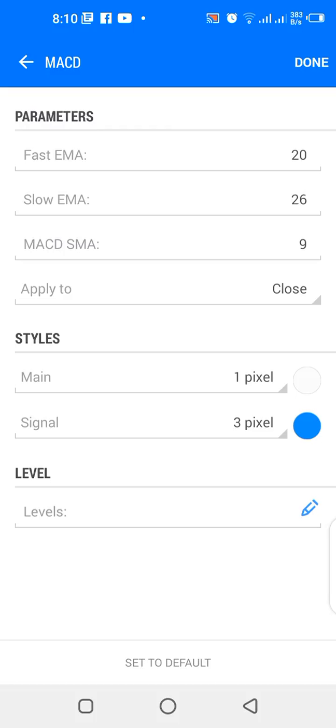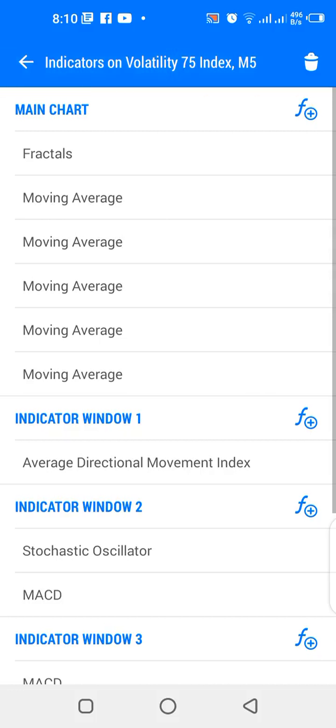The fast EMA is 20 and the slow EMA is 26. MACD SMA is 9. Apply to close. The main style color will match the background color of the chart. The signal style color is blue. So that's that for indicator window 2.